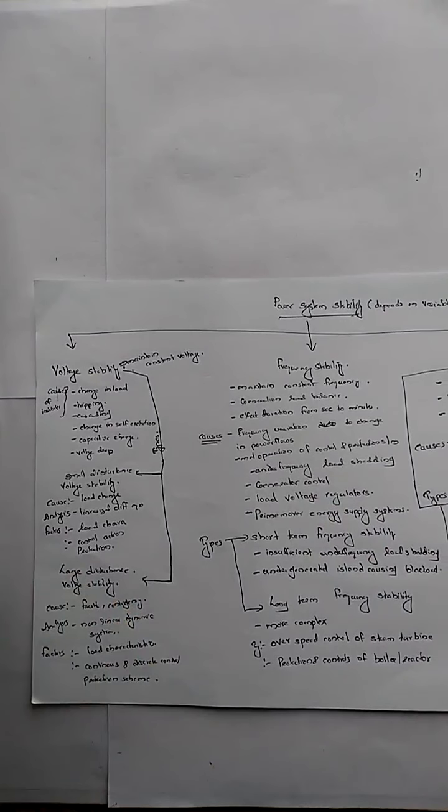Okay, and we also discussed the need for doing this type of stability studies. From this we understood that these stability studies give us vital information about the highest magnitude of power system parameters.